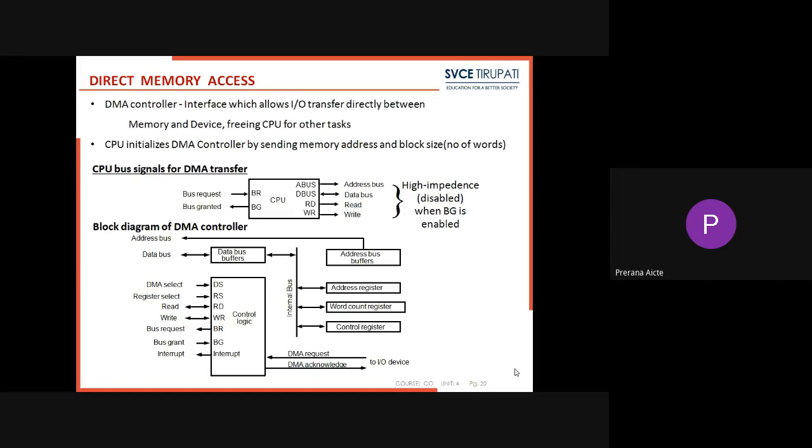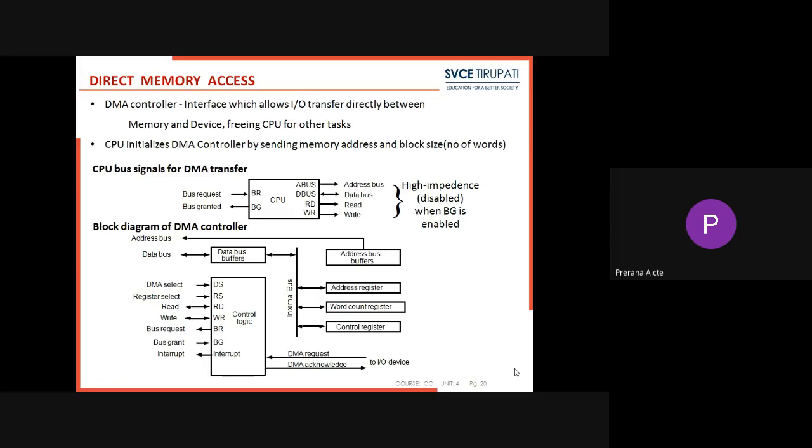The word count register holds the number of words to be transferred. This register is decremented by 1 after each word transfer and internally tested for 0. And third one, control register. The control register specifies the mode of the transfer.